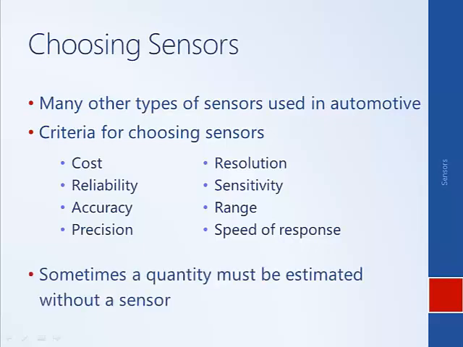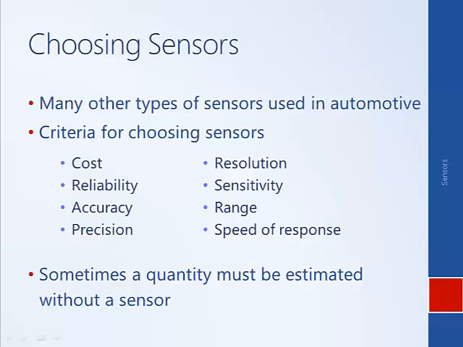There are even instances where a quantity must be estimated without a sensor. The idea there is, instead of physically measuring some quantity, you have a mathematical model that you use to estimate or predict the quantity.